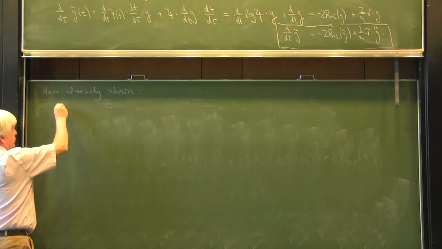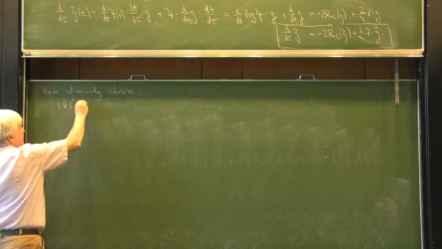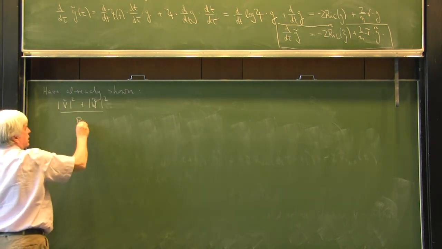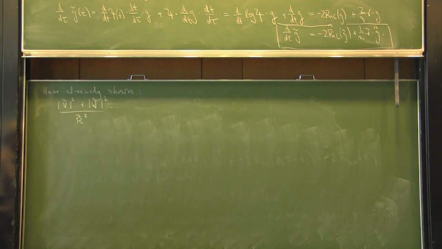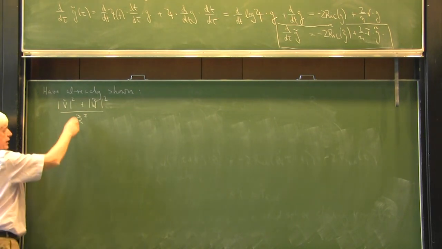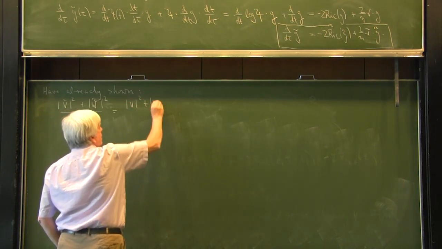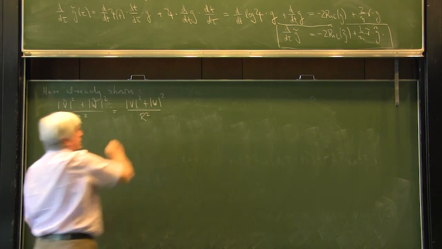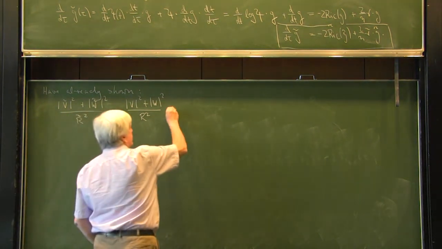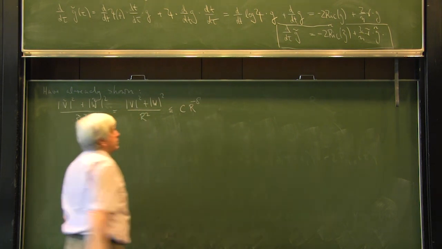Well, that's by our assumption, we have that the rescaled trace-free Ricci tensor and the trace-free remaining part, the Weyl tensor, divided by this. This is scaling invariant. So this is the same as v squared plus w squared over r squared, because the quotient is scaling invariant, and by assumption, this was less than r to the minus delta.